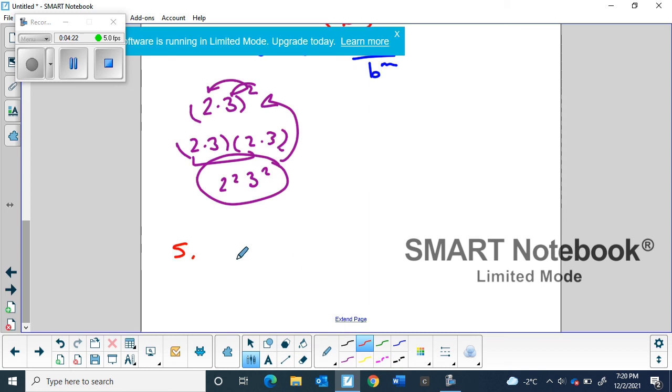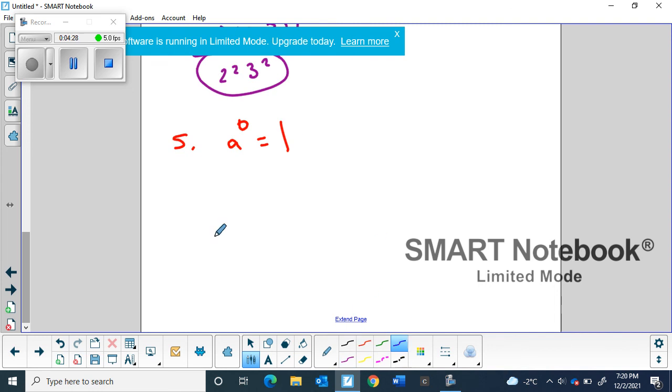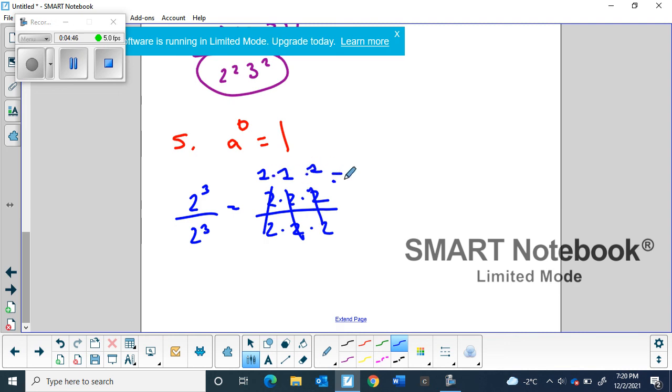Our fifth rule is we have a to the exponent 0 is going to equal 1. And what that means is, let's say we have 2 to the exponent 3 divided by 2 to the exponent 3. If I actually expand this, 2 times 2 times 2 over 2 times 2 times 2, 2 divided by 2 is 1. 2 divided by 2 is 1. 2 divided by 2 is 1. 1 times 1 times 1 equals 1.